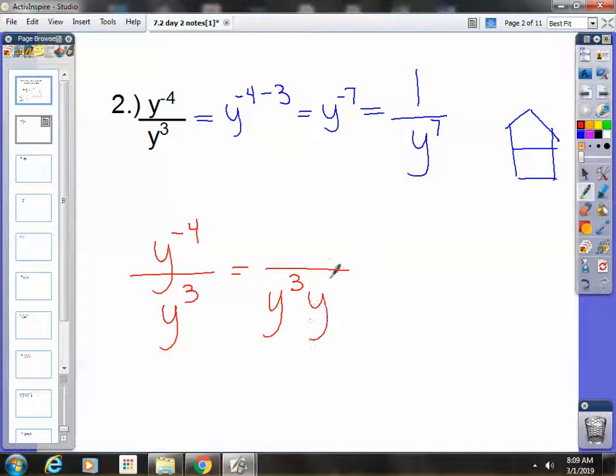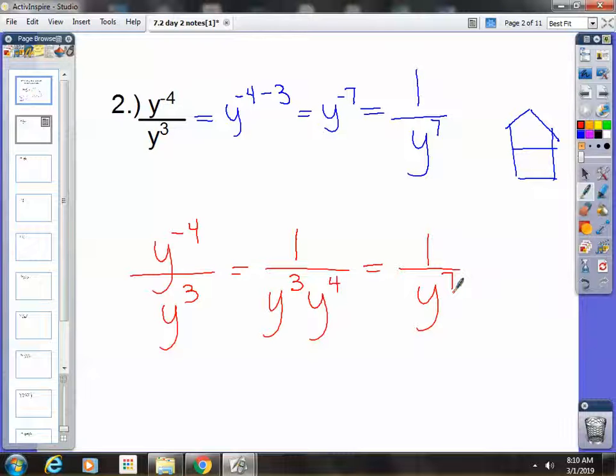But the y to the negative 4 had a negative exponent, so I moved him downstairs. And of course that negative exponent now is positive. In my denominator I have y cubed times y to the 4th, which is y to the 7th. Same answer.